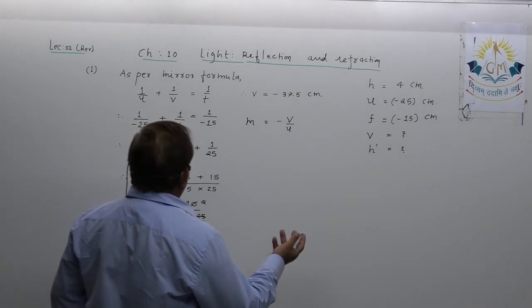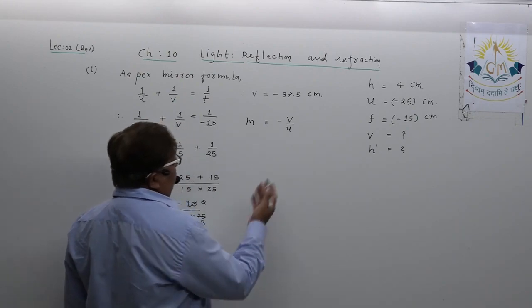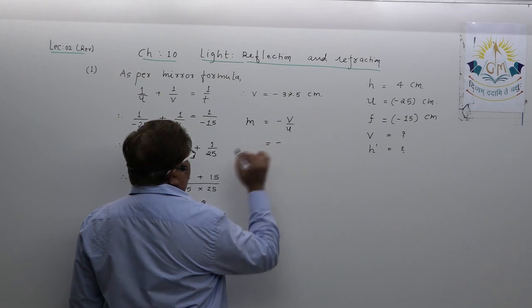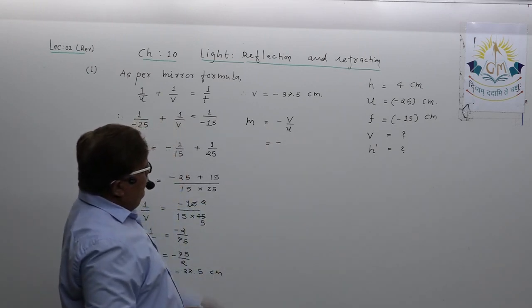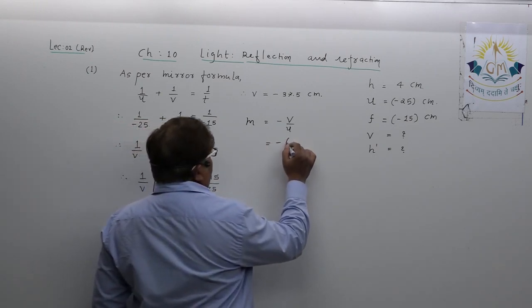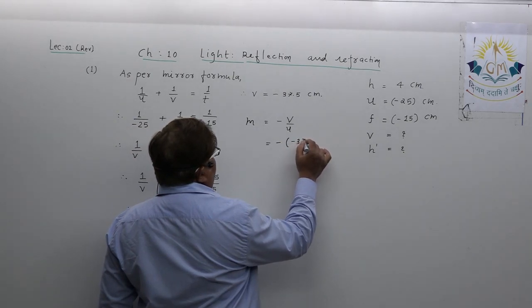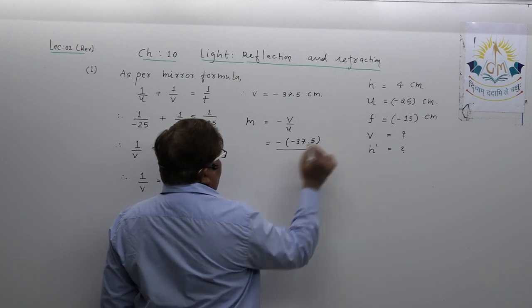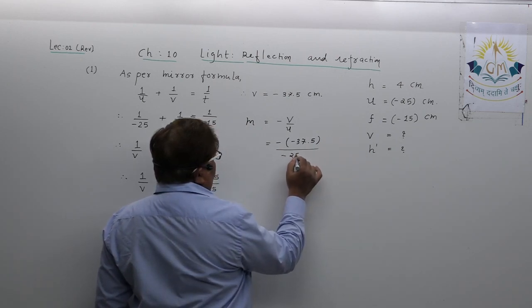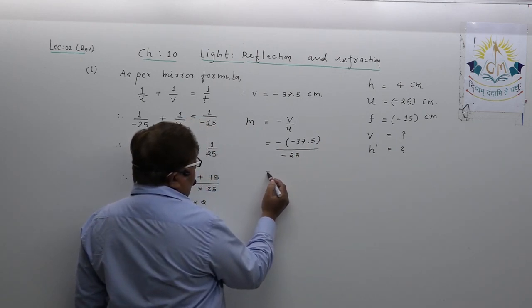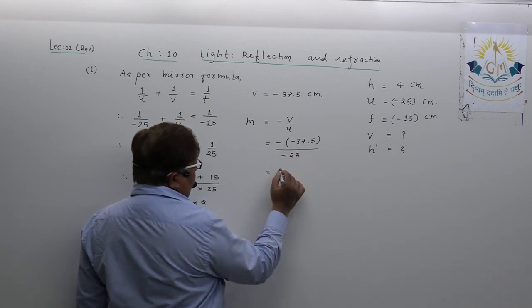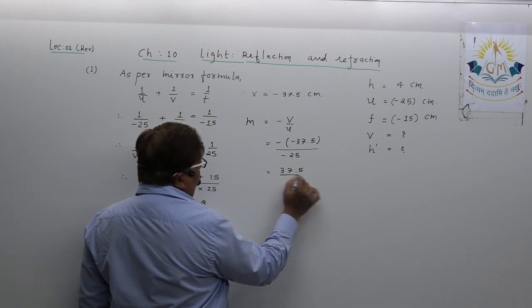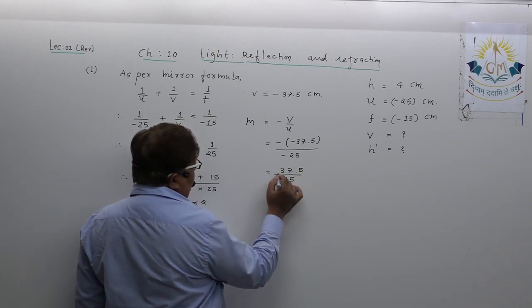Let us substitute the values: minus 37.5 upon u, which is minus 25. Ultimately the whole will be negative: 37.5 upon 25.